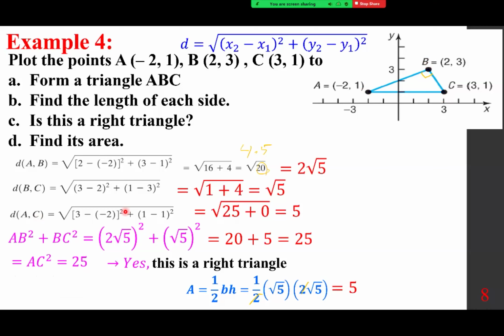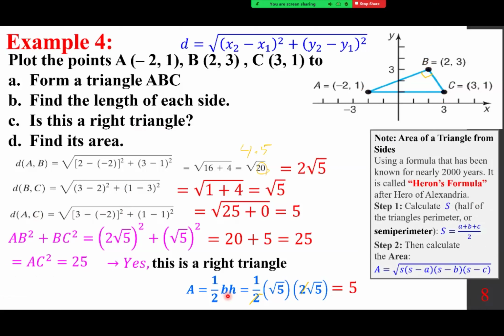Now, this was a right triangle, and we could use that. But what if it wasn't? We could use a different theorem. Note area of a triangle from sides. If the sides are given, using a formula that has been known for nearly 2,000 years, it is called Heron's formula after Hero of Alexandria. Step 1, calculate S. So what is S?